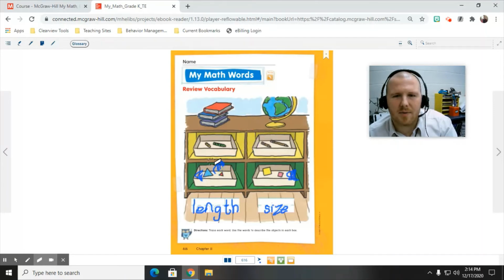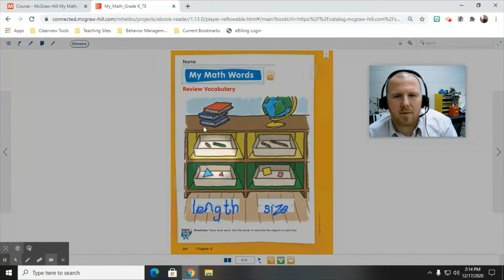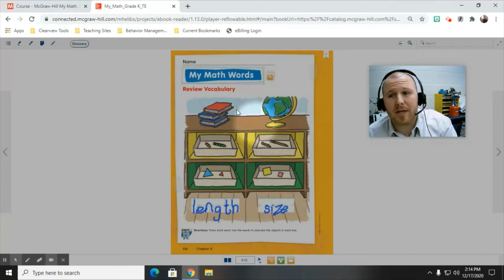Let's do a little focus. Okay, there we go. With these crayons, the green crayon is longer than the yellow crayon, and the pencil over here is longer than the other pencil, or we could say it's bigger than the other pencil.